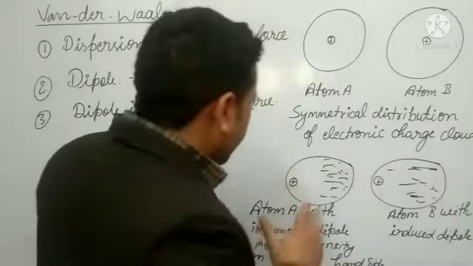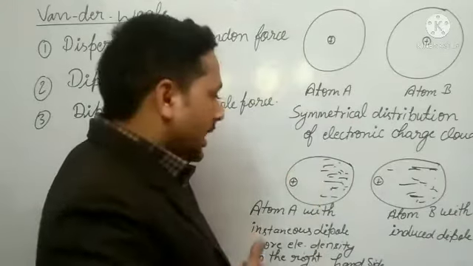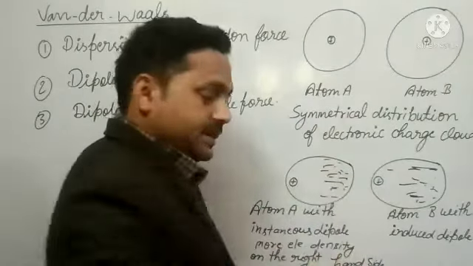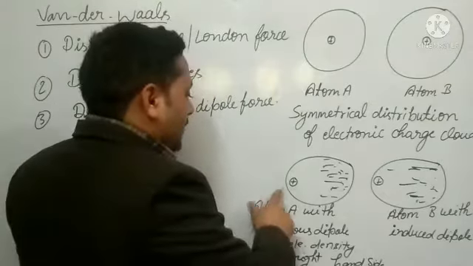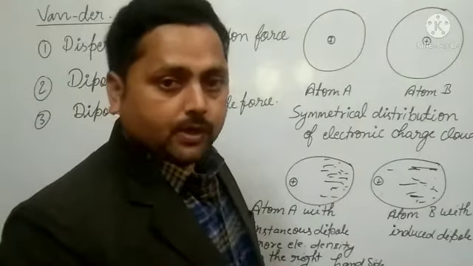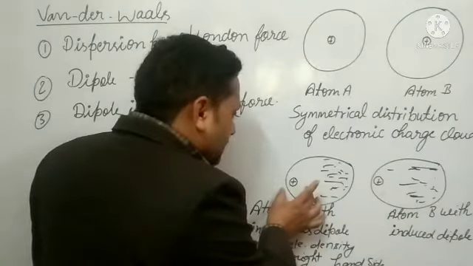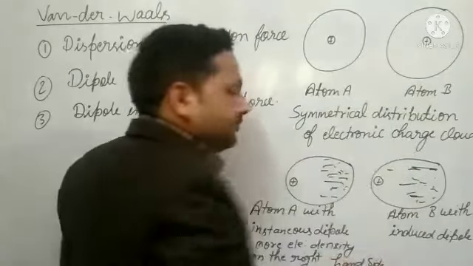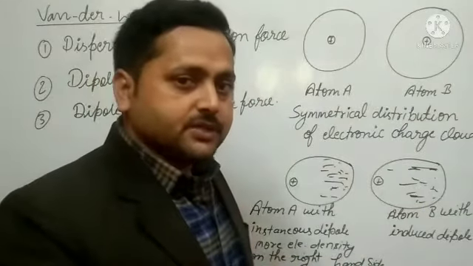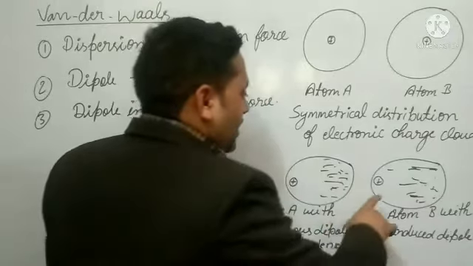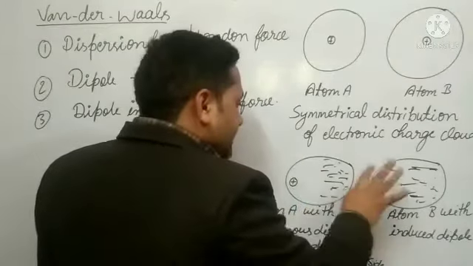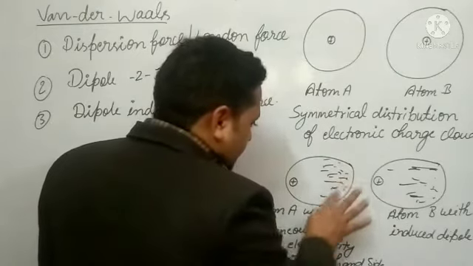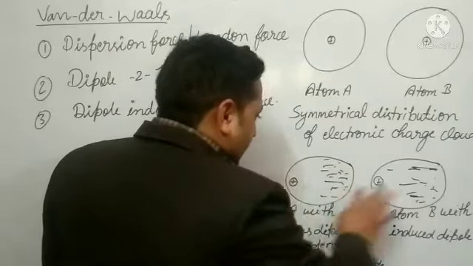Disbalance means the positive charge moves to this side and the negative charge moves to this side. So a dipole is produced in the molecule, and this dipole produces a dipole in B. Here the positive charge is on this side and the negative charge, the electrons, I have shown like this in that also.